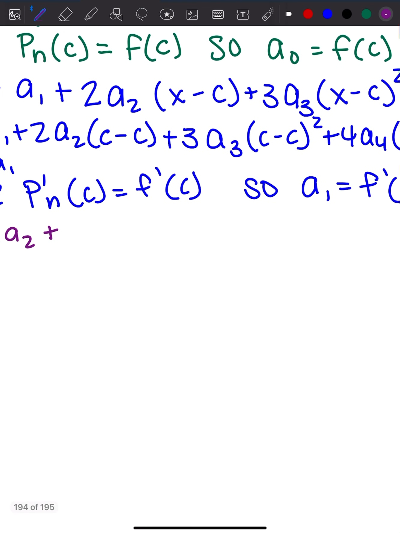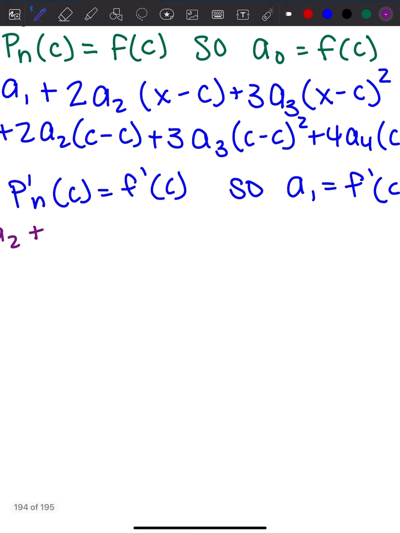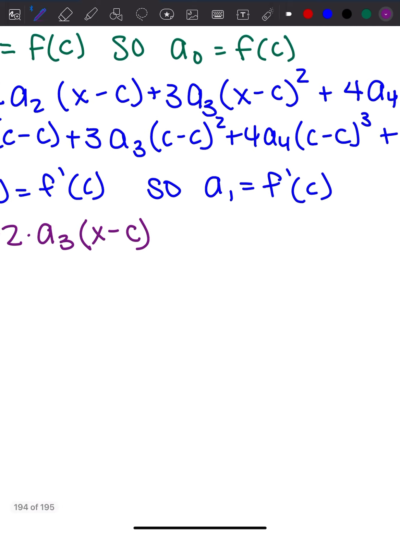Here is where I am going to write it out very specifically because we're looking for a pattern. So the next term would be 3 a sub 3 times (x minus c) squared. So we're going to take 3, we're going to multiply it by the 2 because of power rule, and we're still multiplying that by a sub 3. And then we have (x minus c) to the first power.